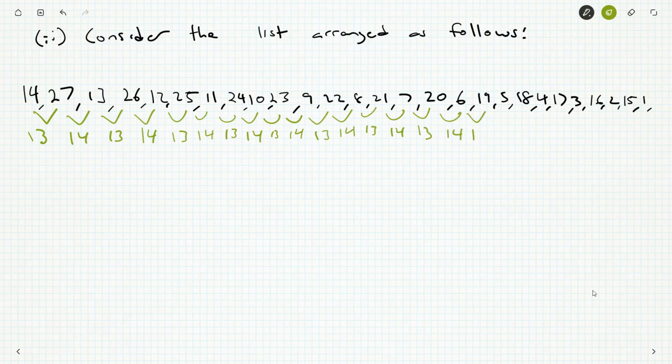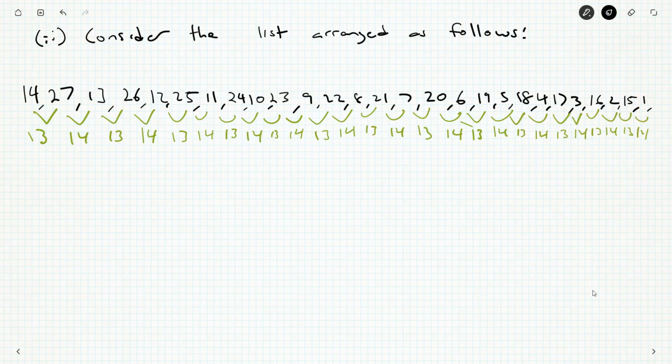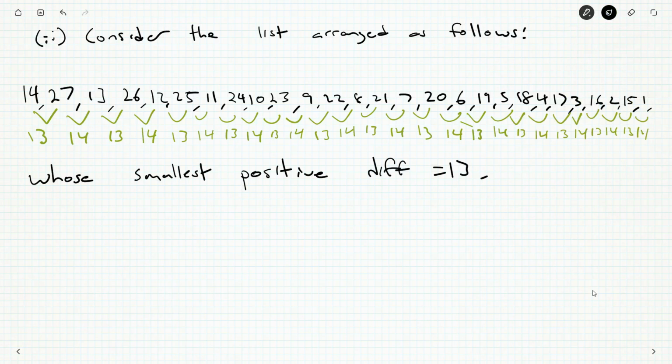So we've got a list whose smallest positive difference is n equals 13. 17 and 3, positive difference is 14. 13, 14, 13, and then finally another 14. Whose smallest positive difference is 13.